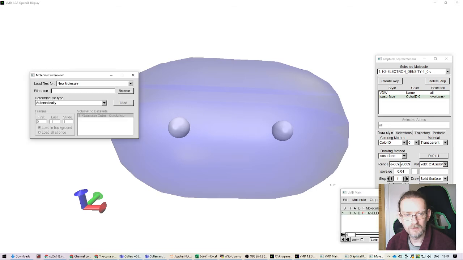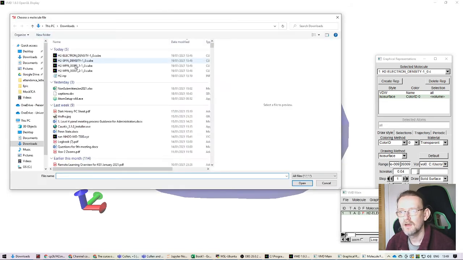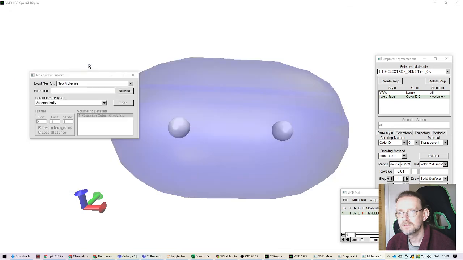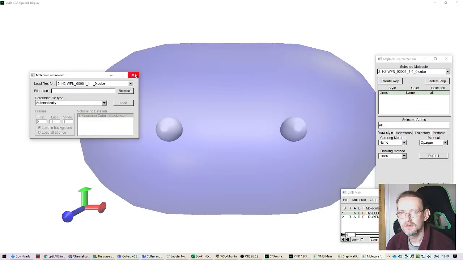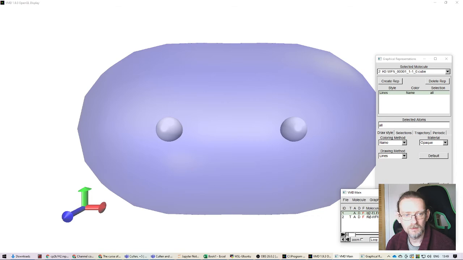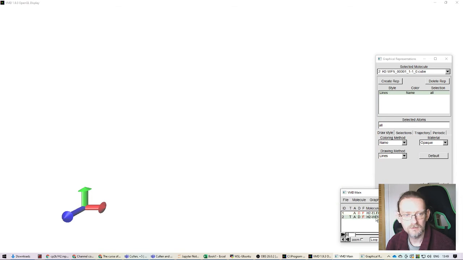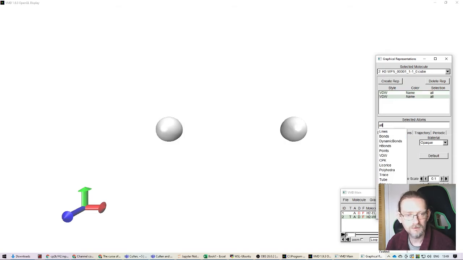So if I load in a new molecule, I also got two wave functions. So I've got another wave function here, one of the wave functions for one of the atoms.